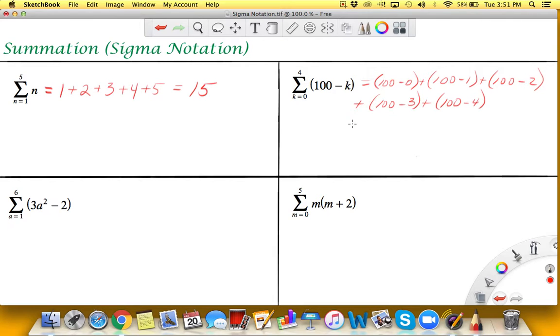So we're going to take those different values, and that gives us 100 plus 99 plus 98 plus 97 plus 96.